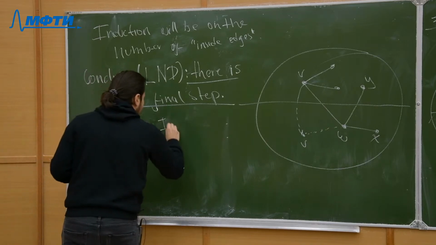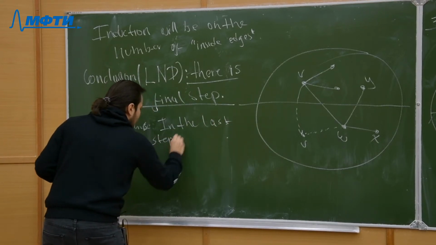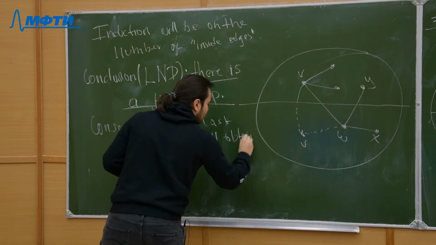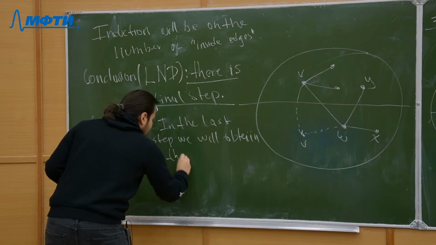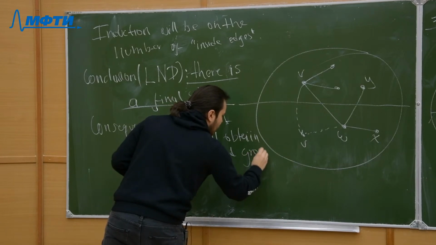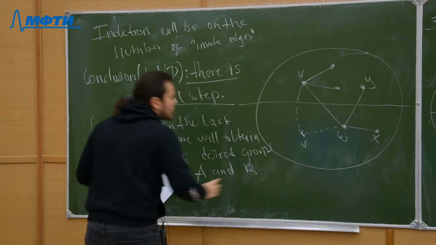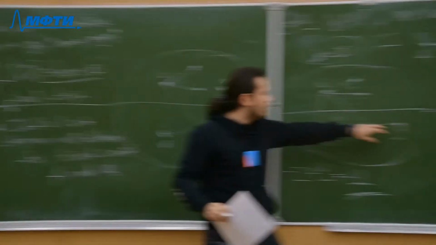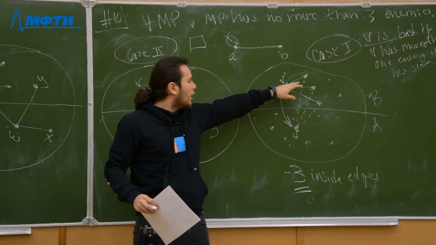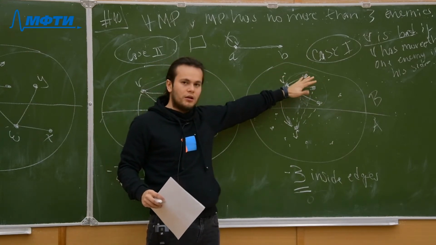In the last step, we will obtain the desired groups A and B. So two groups in which each of these vertices has only one vertex inside his group, such that they are joined.